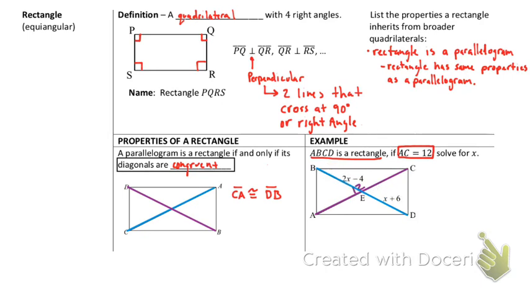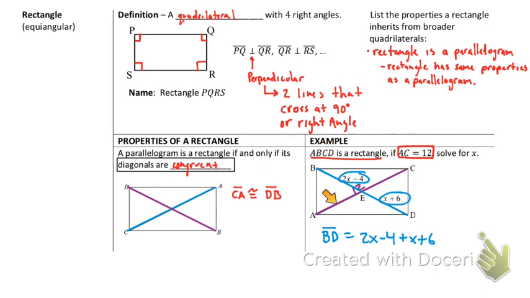So let's write that down. From B all the way to D, this is going to equal 2x minus 4, as well as x plus 6, because we want the entire line segment. Okay?